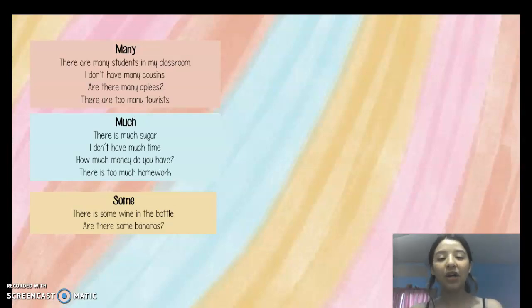We don't use some with negative sentences because we use any, but I'm gonna explain this later. The meaning of some is a quantifier that is indefinite but is limited. Example, there is some wine in the bottle, and are there some bananas?